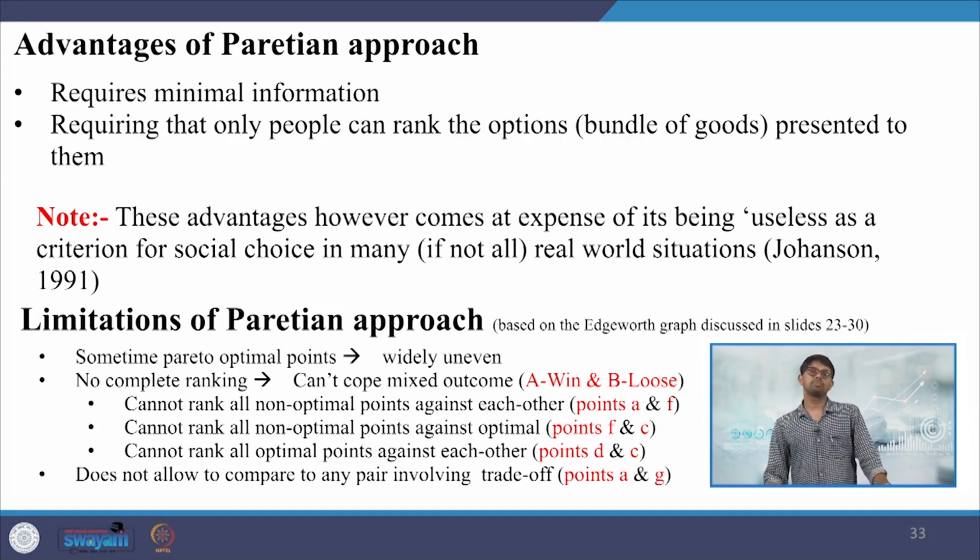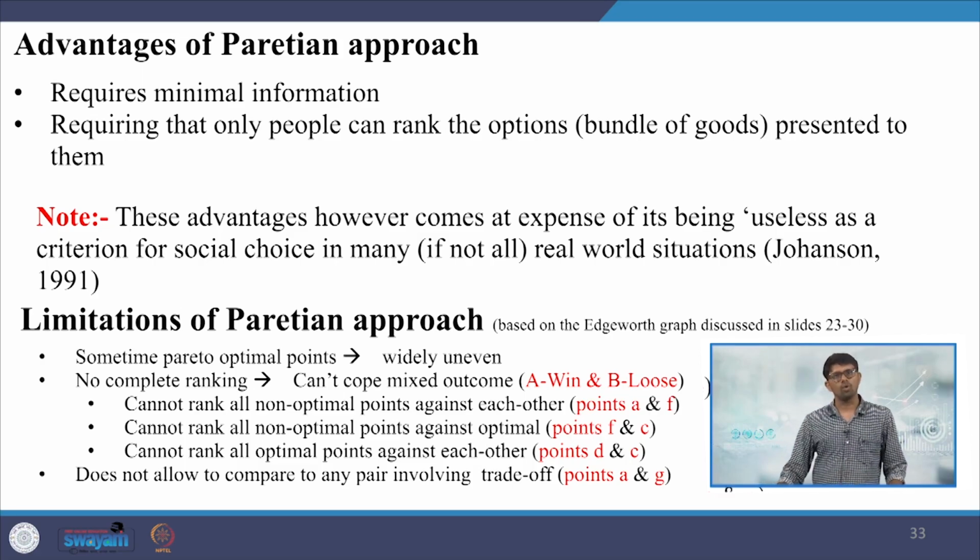The limitation of the Paretian approach is that in some cases, Pareto optimal points are widely uneven and no complete ranking is possible. Once we have reached that contract line, it is very difficult to actually rank. So, we cannot cope with a mixed outcome, that is A wins or B loses.